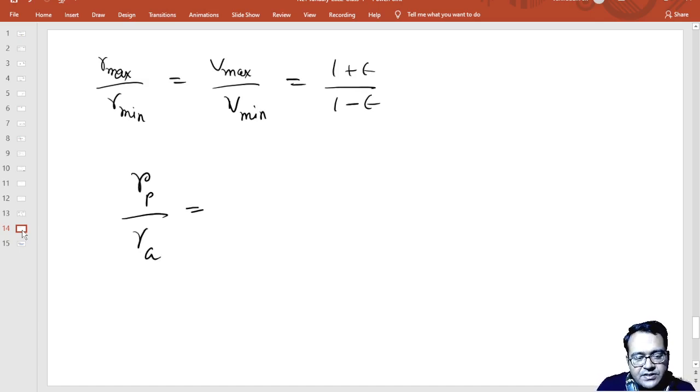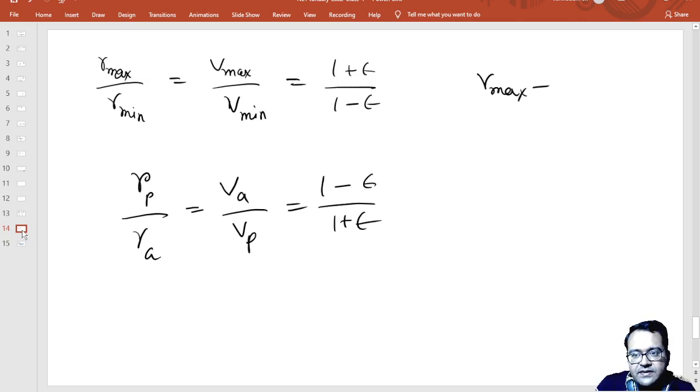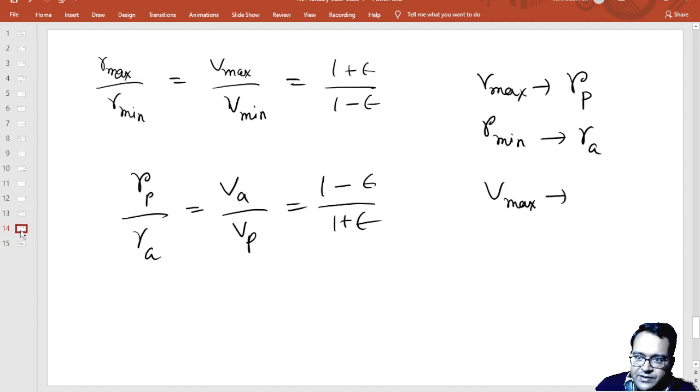That will be inverse of v apogee, v perigee. That is, perigee is smaller distance, right? So r max is r p. r min is r apogee. v max is at r min, where r min is r apogee. So that's v apogee. v min is at v perigee.